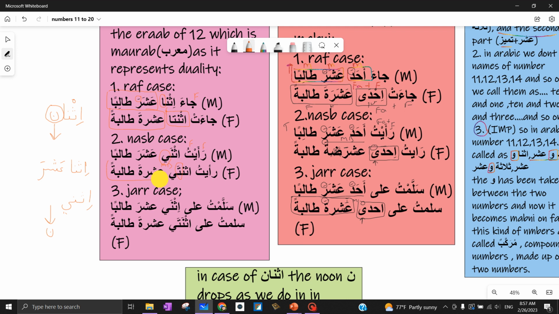In this case, the second part remains the same. No changes in the second part. Only changes in the first part. In case of jar, what happens? The same, because we know muthanna in nasb and jar is represented by the letter ya. Okay, you can see the same changes. Okay, so this is the i'rab for number 12.